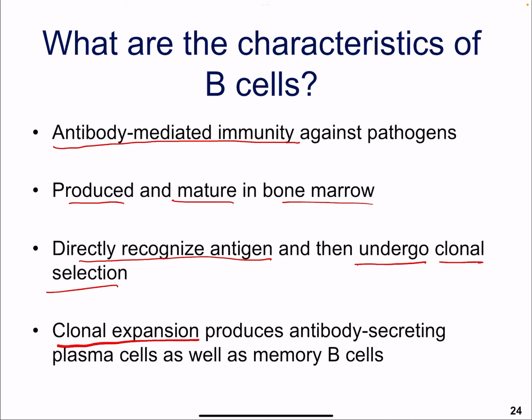And that clonal expansion is essential for the production of plasma cells and memory B cells. Okay? And plasma cells are going to produce antibodies. These antibodies are going to be sent out of the cell by secretion. Okay?